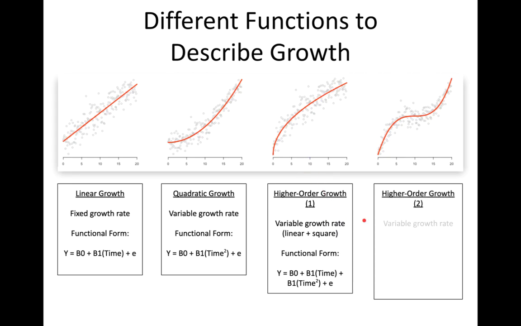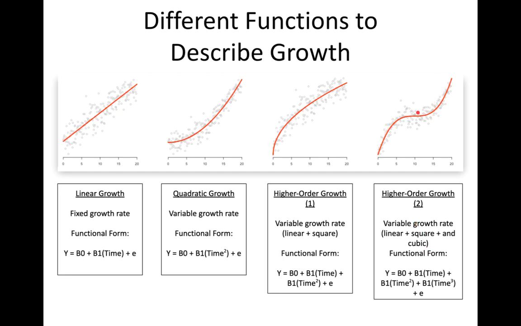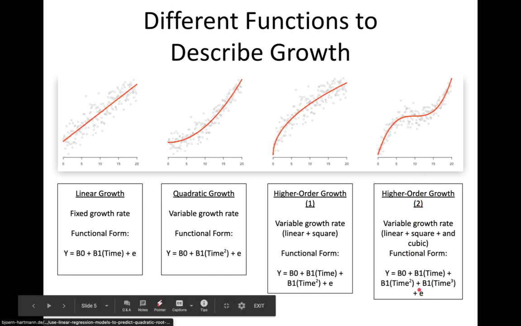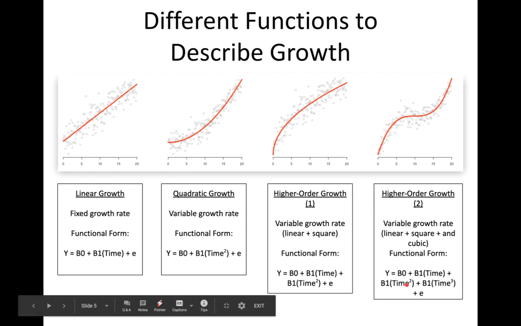And then there's an even more complex form of this, which is linear and square and cubic. So cubic, of course, is the cube of time. And here it starts out aggressively and narrows down and then takes off again. This should be beta 1, beta 2, beta 3. So beta 1 times time plus beta 2 times time squared plus beta 3 times time cubed.